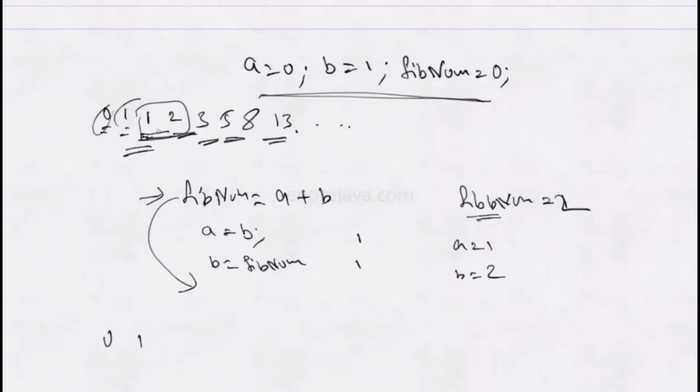Again, we'll find the sum of these two values, store the value of 3 in fibnum variable, and a will now hold the value of 2 and b will hold the value of 3, so on and so forth, and we'll have a terminating condition. Whatever is the value that we send to that method is the maximum value, and we don't want to generate any Fibonacci numbers beyond that number. Now let's take a look at that example in our code.